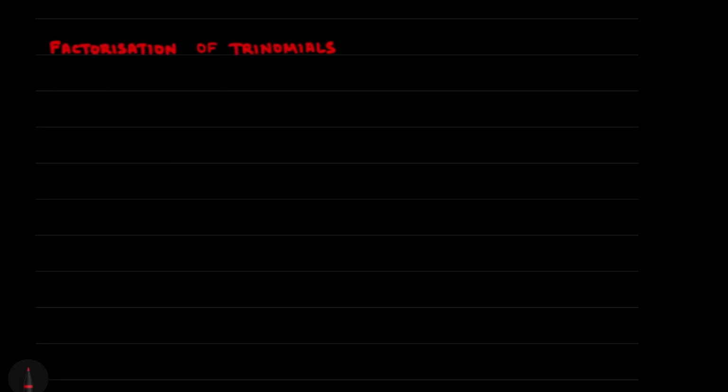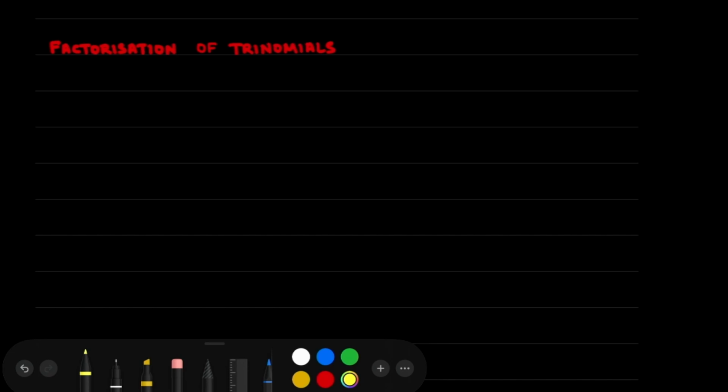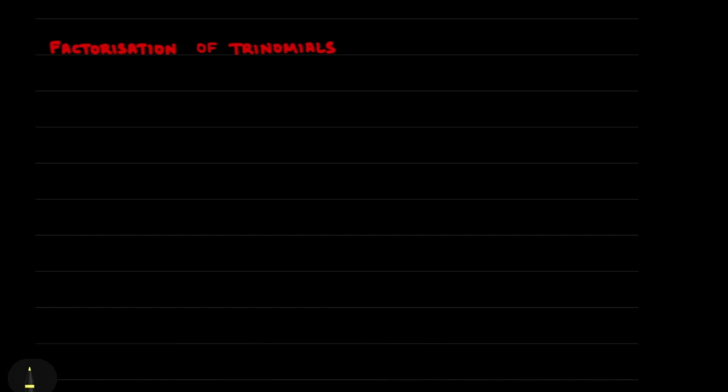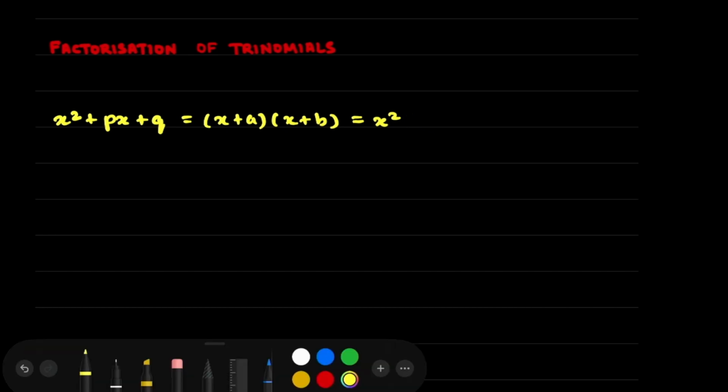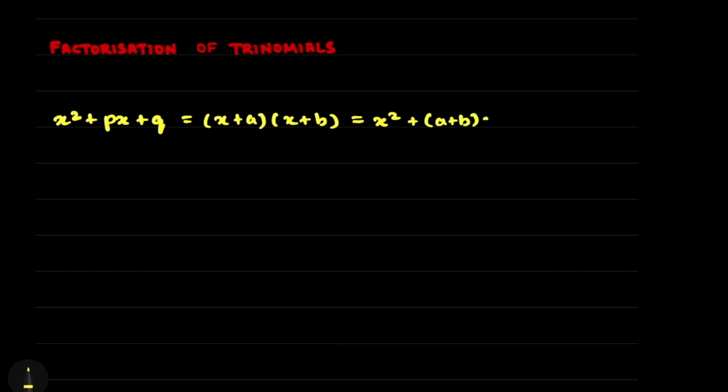So next we'll look at factorization of trinomials. So basically we can represent the trinomial in the form x squared plus px plus q, where p and q are integers. So we'll assume that this can be factorized as (x plus a) into (x plus b). And then we can write that down as x squared plus (a plus b)x plus ab.